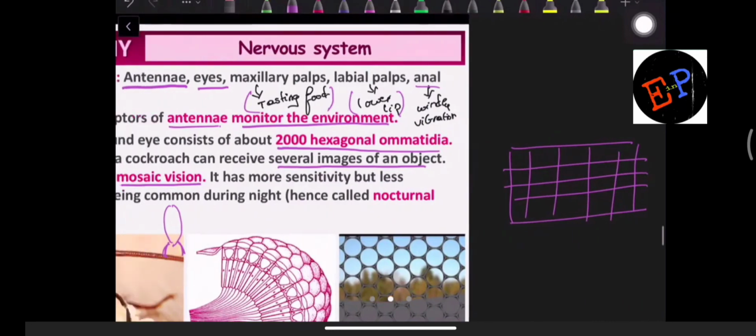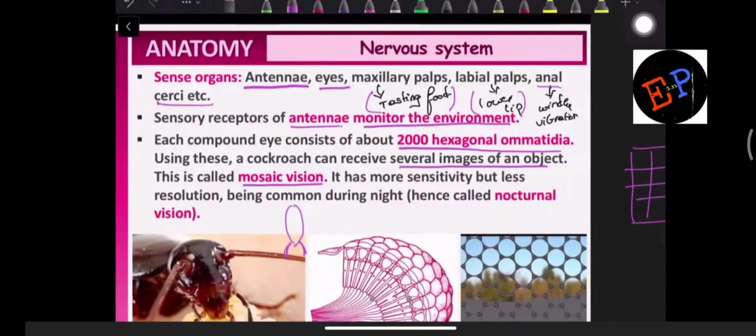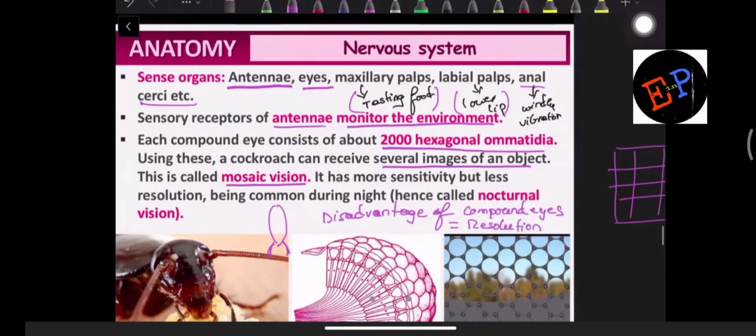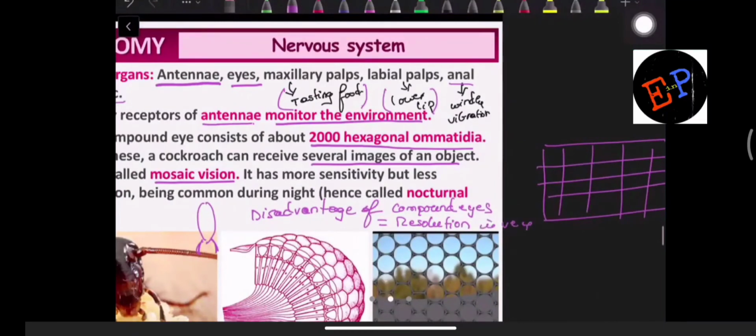Are you able to understand? So what is the disadvantage of compound eyes? Resolution will be very less. That is the disadvantage. So you can write here: the disadvantage of compound eyes is that the resolution, meaning clarity, is reduced.